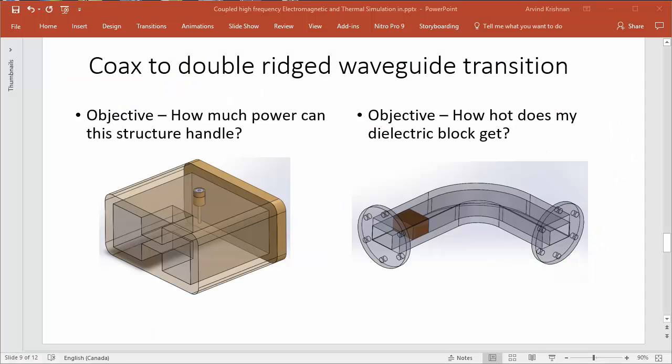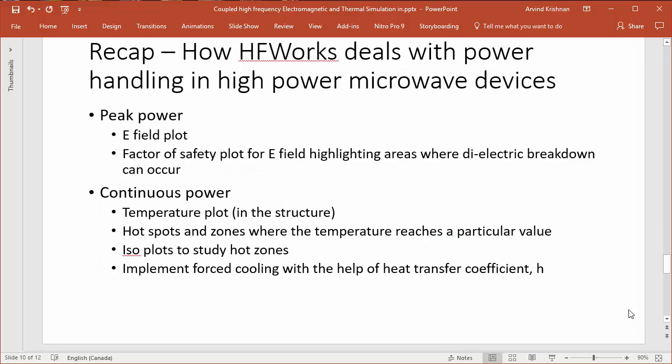With this, we will revert back to our application slide, the PowerPoint, and that concludes the demonstration part of this webinar. Just as a recap of what we saw today, it is the ability of HFWorks to handle two different kinds of power conditions that engineers are interested in. One is the peak power, and as we noticed, HFWorks is capable of plotting the electric field and identifying areas inside your model where there could be a dielectric breakdown.